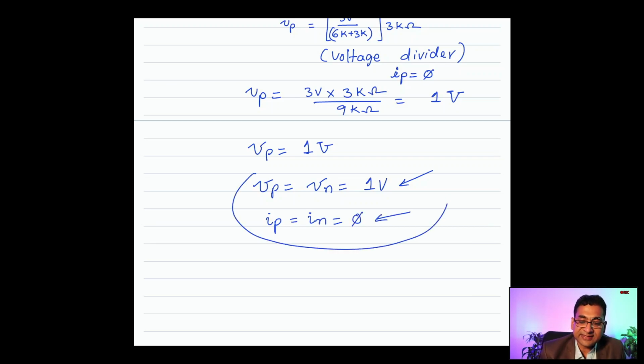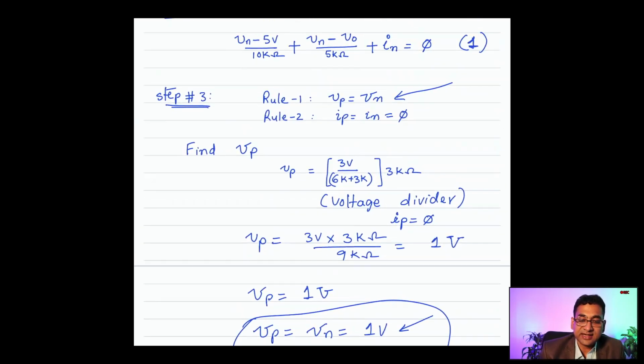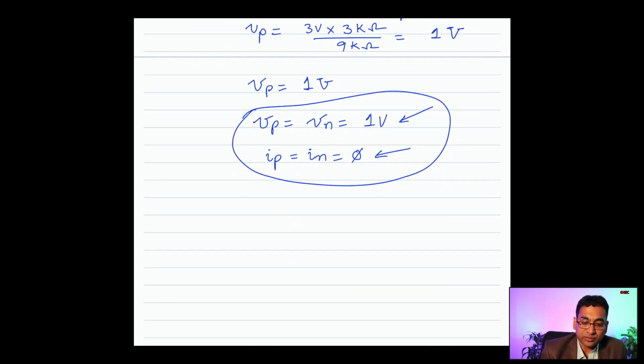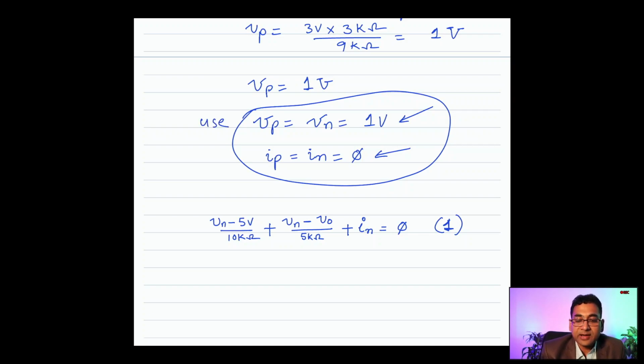Both of these results, look what I am going to do. I am going to use them in equation 1. Use Vp equals Vn equals 1 volt and Ip equals In equals 0 in equation 1 here.